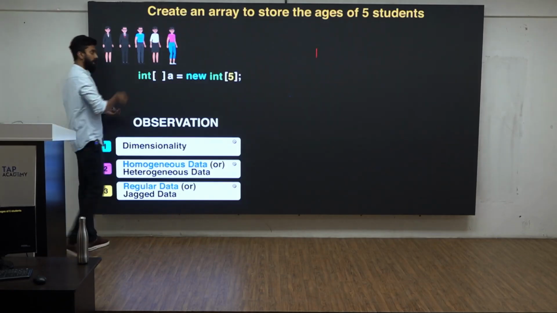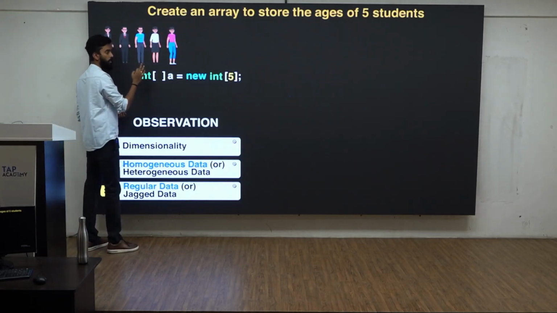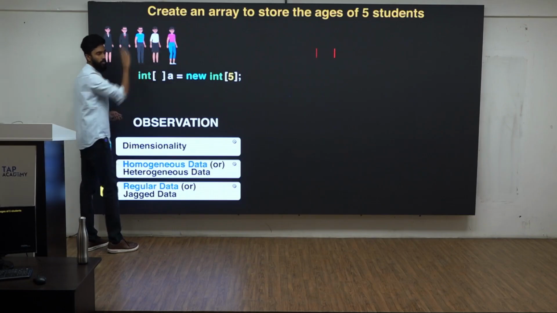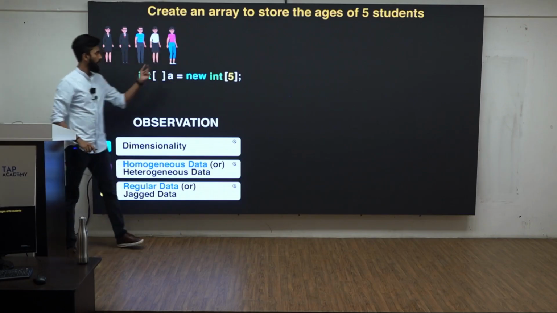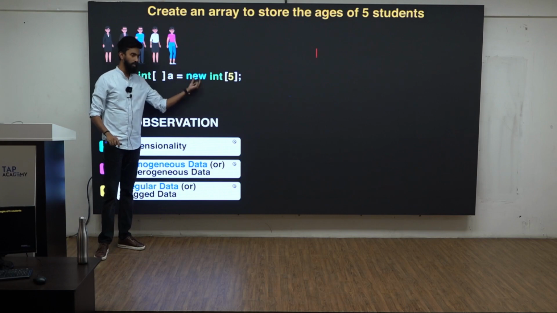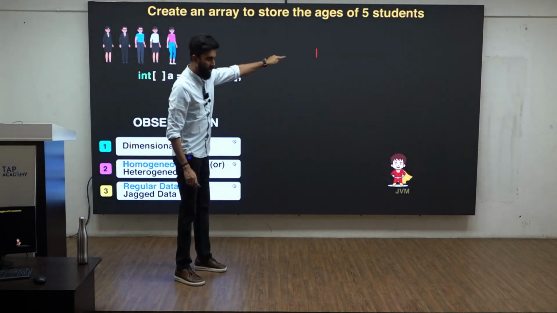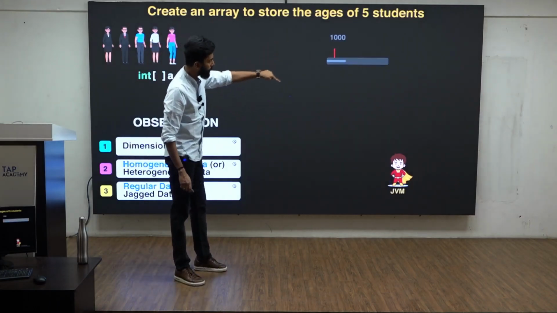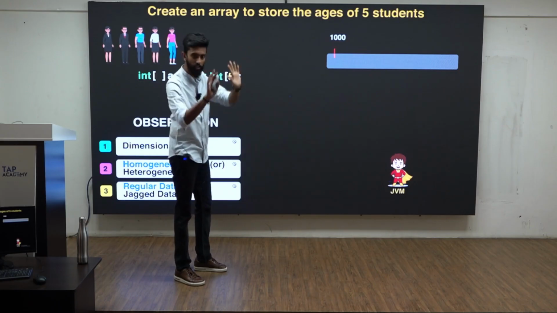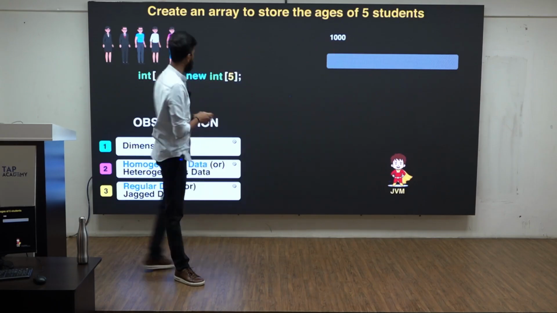Now, what is even more important for me is to show you how the memory looks like. Okay? Observe. First of all, assignment, RHS. New, who gets activated? JVM. First thing JVM will do is, it will go to the heap segment and create a brand new block of memory with an address. Same story only. Yes? Sir, next what?